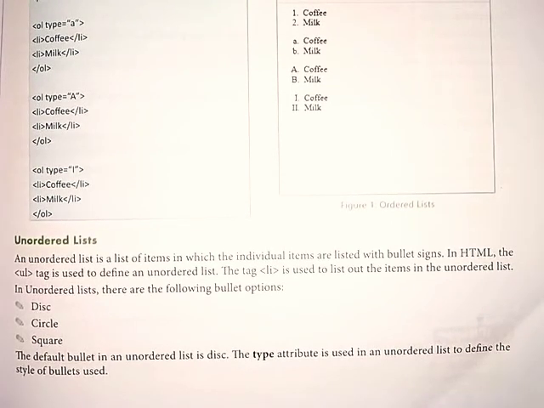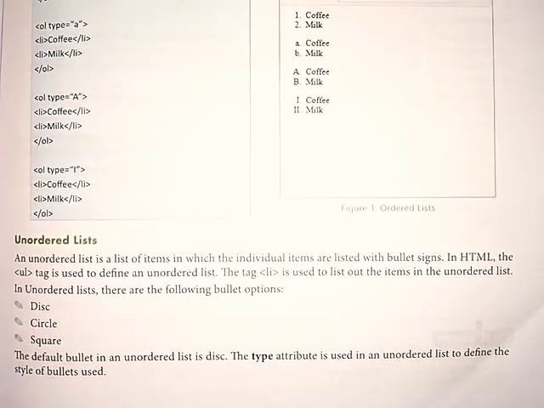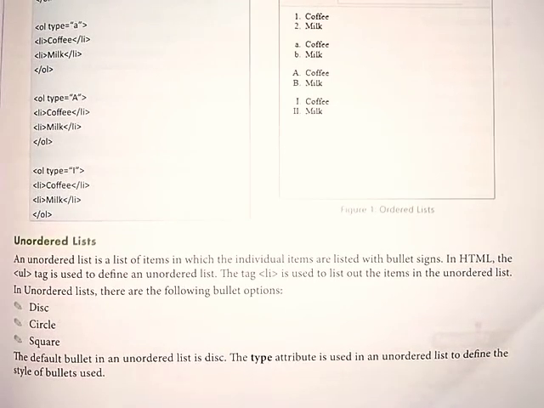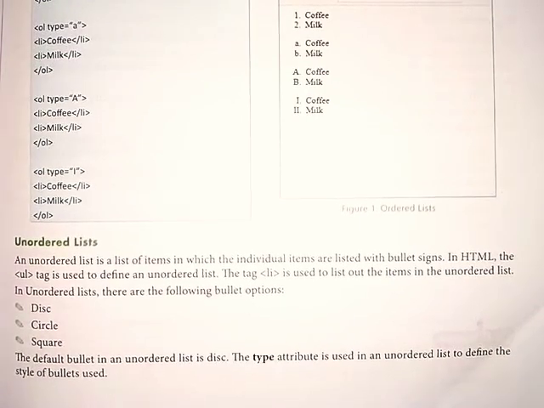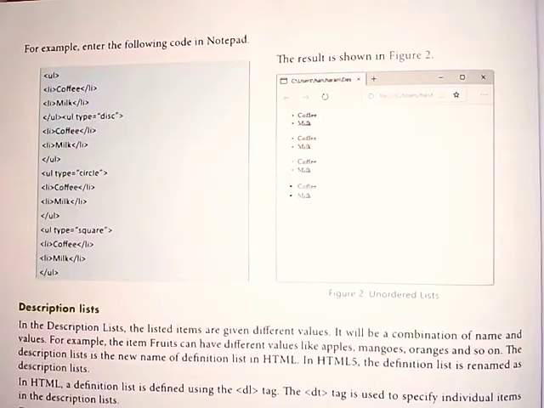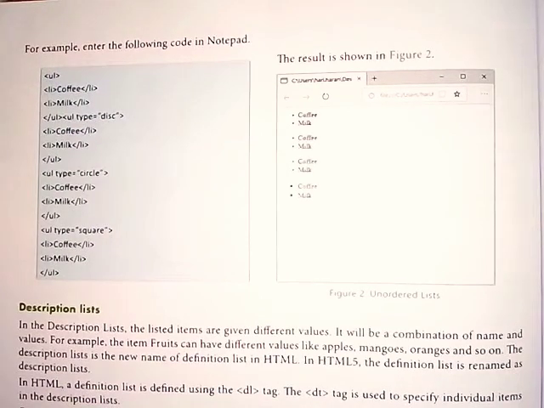In unordered lists, there are the following bullet options: disc, circle, square. The default bullet in an unordered list is disc. The type attribute is used in an unordered list to define the style of bullets used. For example, enter the following code in Notepad.